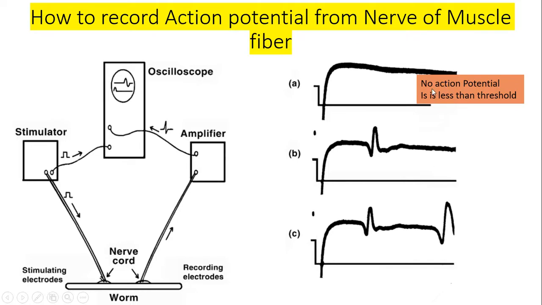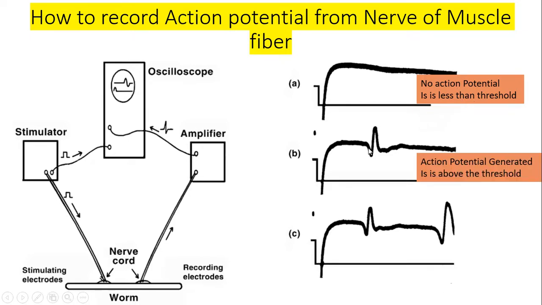So in this first example, the moment we apply a stimulus there is a change in the shape, but there is no rising potential, because the stimulating current is well below the threshold.